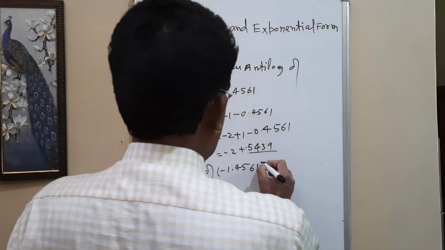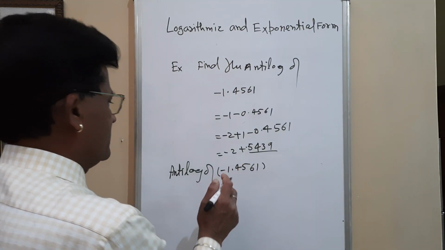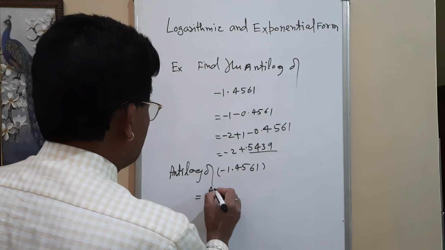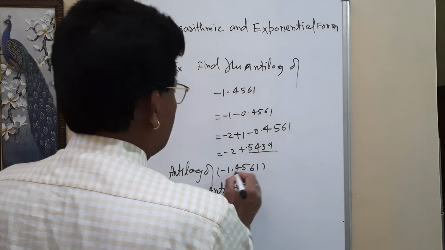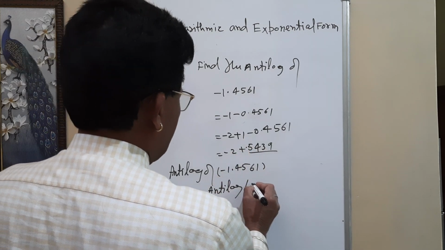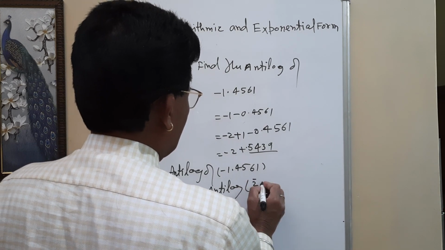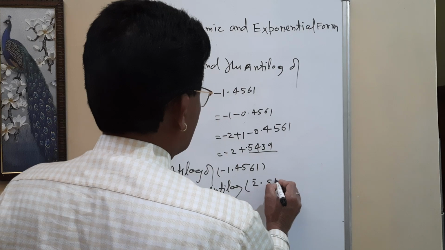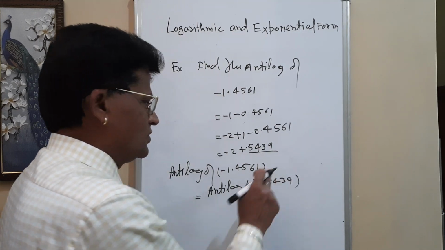You will find out its antilog. Okay, and I told you that you will have to break it. ये मैंने ब्रेक किया है. एंटीलॉग ऑफ क्या लिखा मैंने? What is that? Characteristic is negative. Like that also you can write 0.5439. So you will find out its antilog.